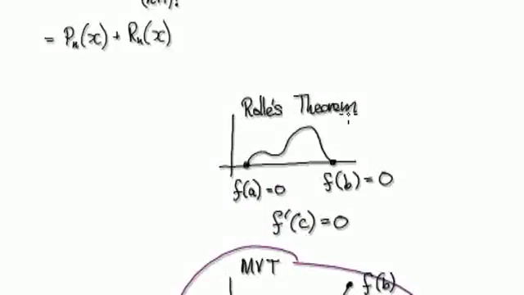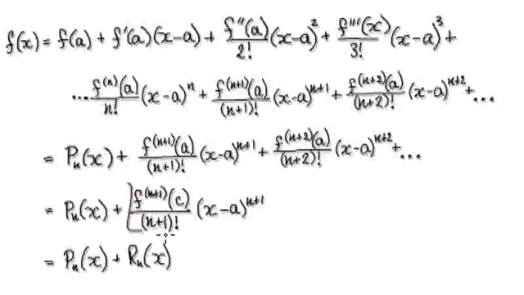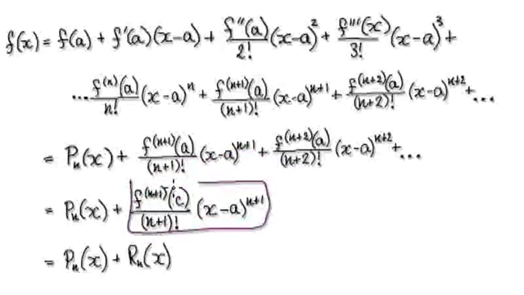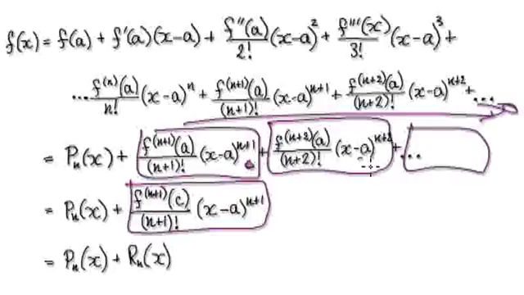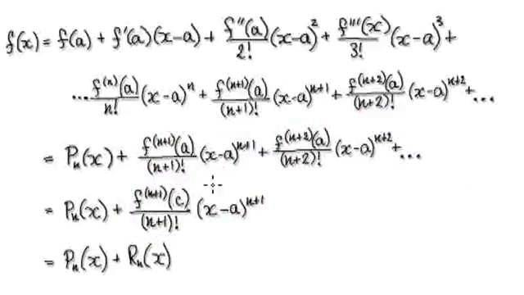We've seen Rolle's theorem, and what this is saying is that there exists a value c where we don't know precisely, but we just know that it exists somewhere within our interval, where this block here can truly represent all the remainders, all the way to infinity. So all these blocks can be elegantly represented by one block, this block here. Okay.